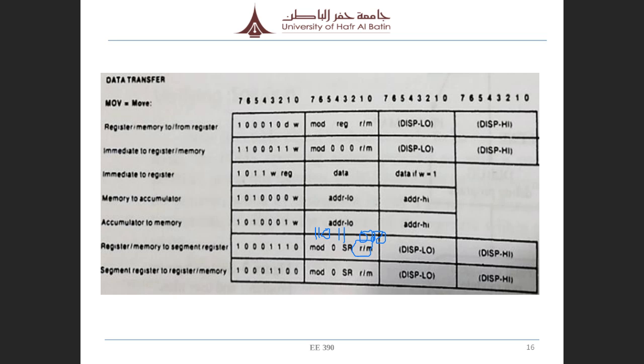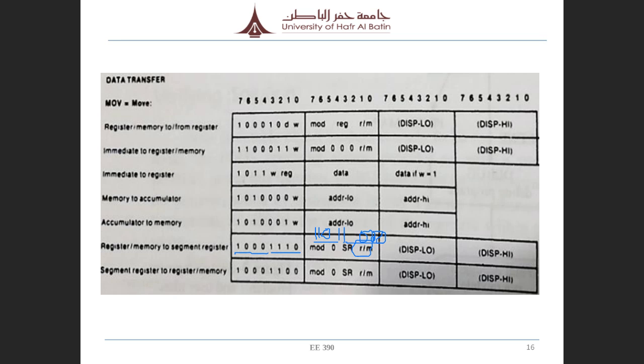All right, so that means it is done. It is now 1000, this is 8, and then 1110, it is E, 8E. Then 1101, it is D, right? Yes, it is D. And then 1000, it is 8.